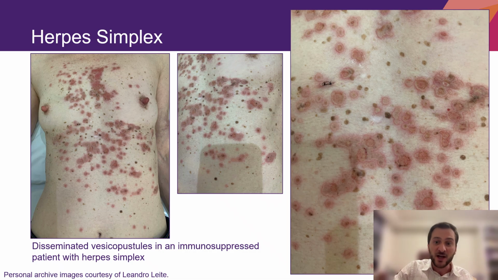You don't see the tendency toward the formation of lakes of pus, and in case of uncertainty, you should always perform a biopsy, and the histopathological findings are completely different between herpes infection and GPP.